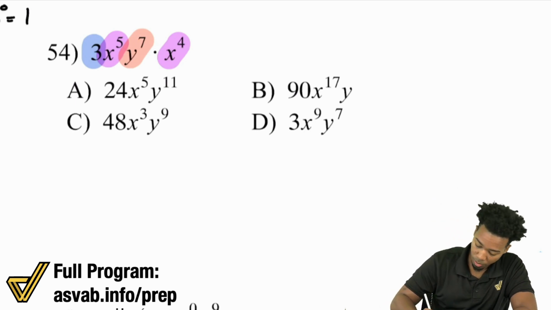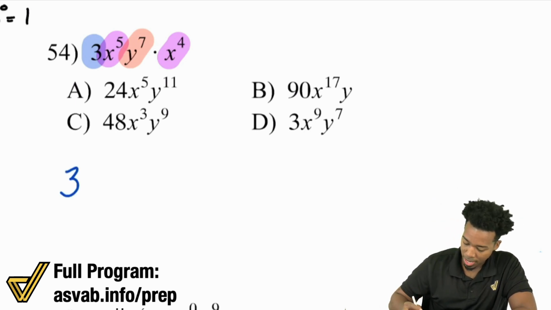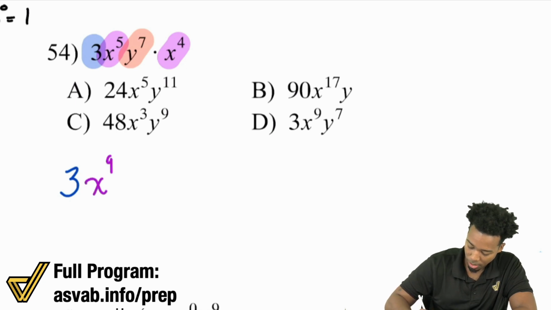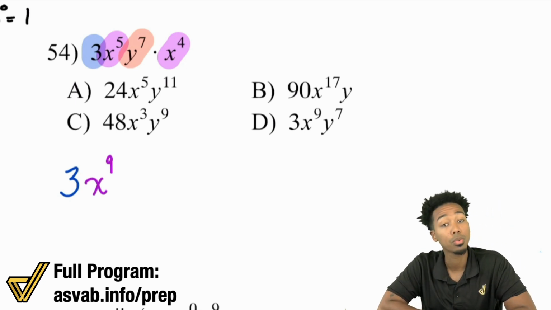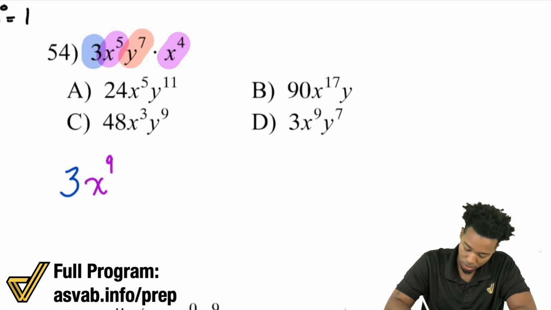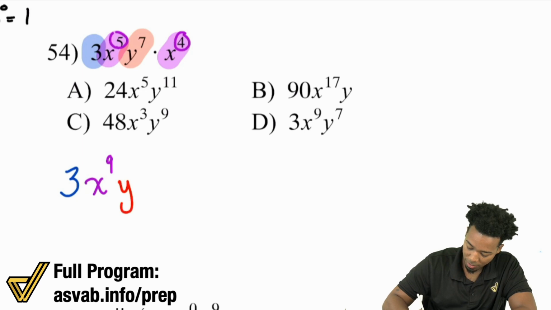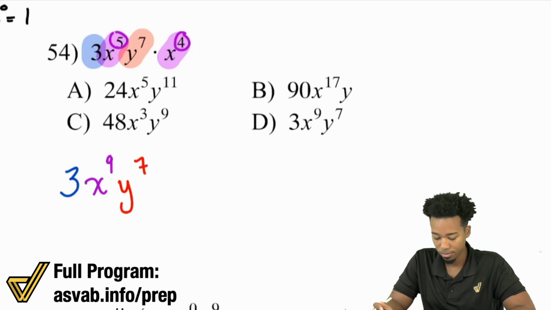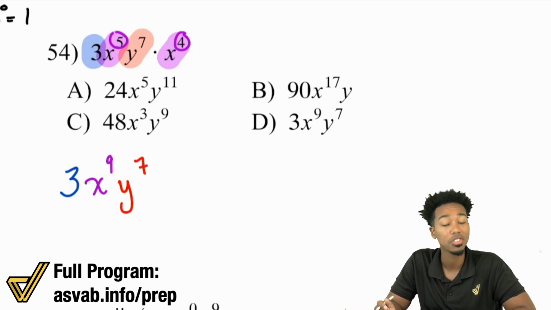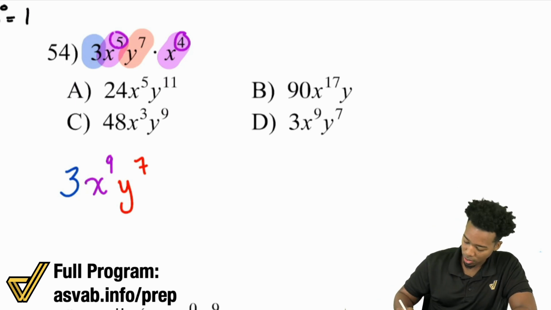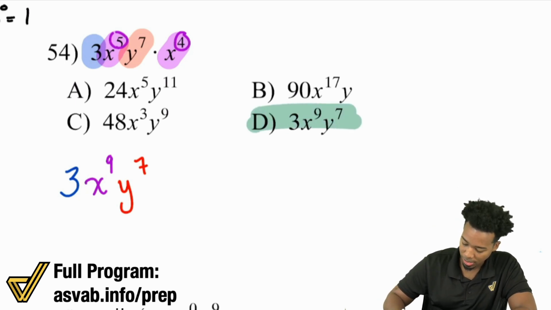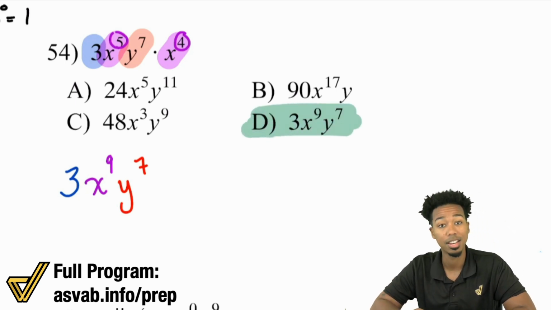So with that, we leave the 3 as is. And then x to the power of 5 times x to the power of 4, that'll be x to the power of 9. Because again, the rule is you will add those exponents. And then lastly, that y to the power of 7 doesn't have anything with it. So it'll just stay right there, nice and easy, nothing changes. And so the final answer here will be D, 3x to the 9th, y to the 7th.